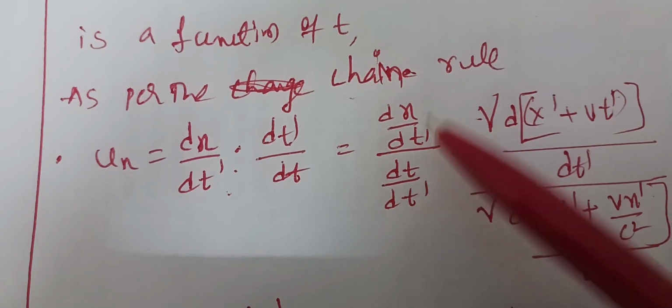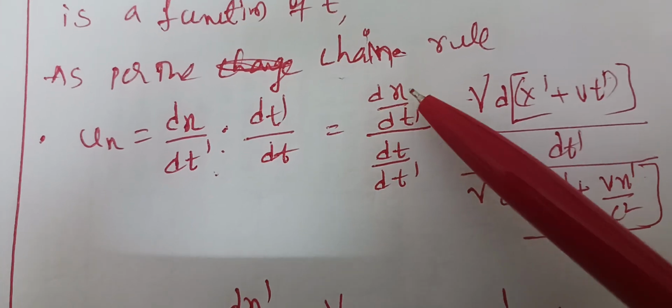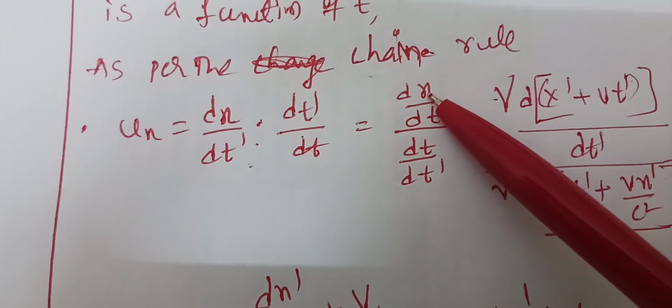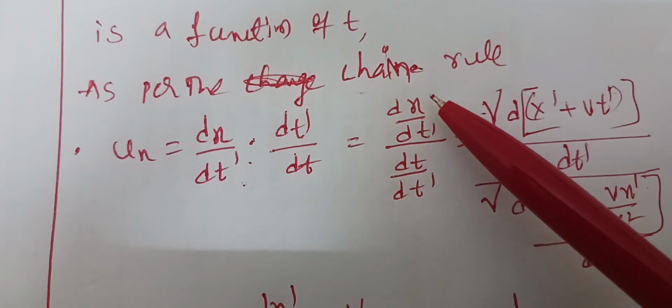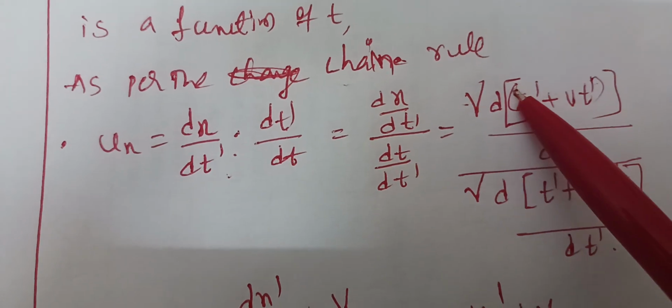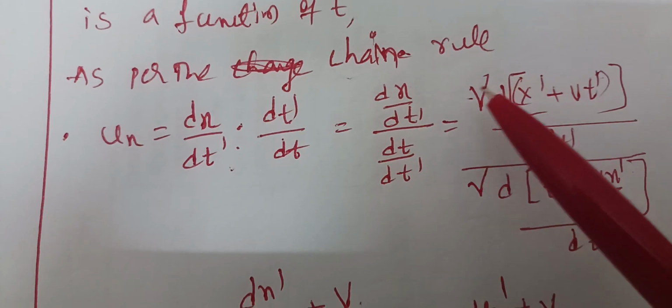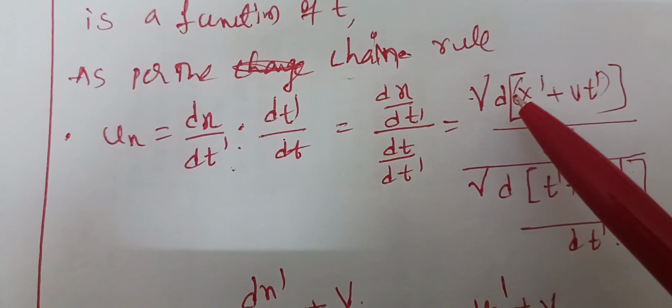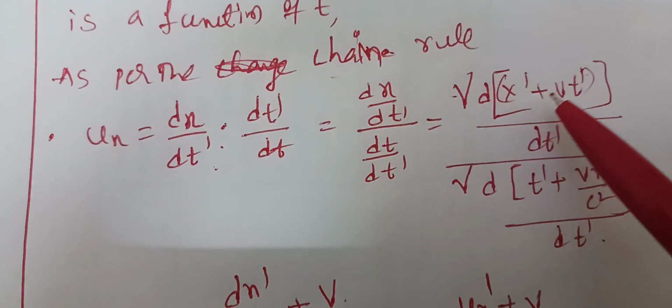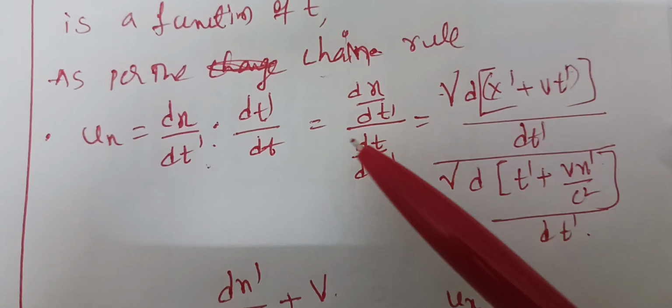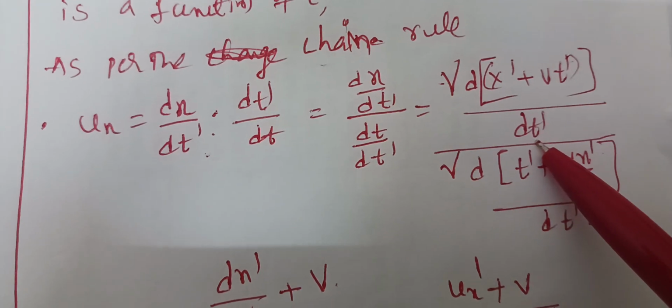Now what is this dx here? The x is the position equation, x equals gamma into (x dash plus vt dash). So I write the differentiation of (x dash plus vt dash) by dt dash as it is.